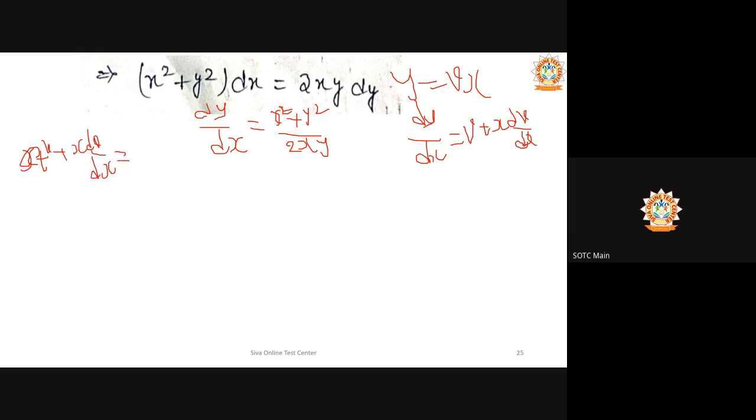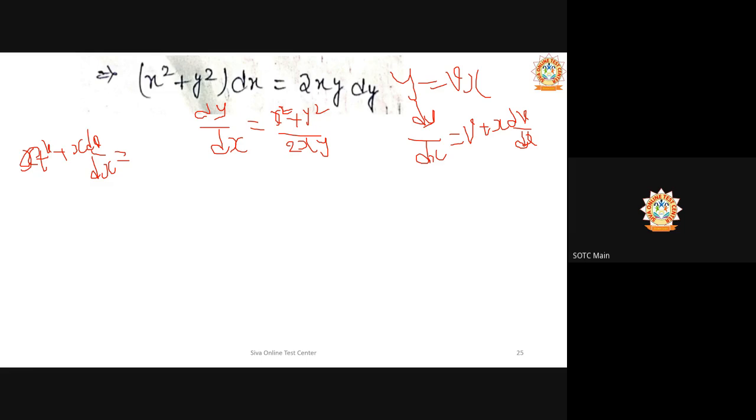So standard procedure, y is equal to vx, dy by dx is equal to v plus x dv by dx, right? So substitute, what will become? V plus x dv by dx is equal to, in the place of y you need to substitute vx, so it will become x square plus v square x square.